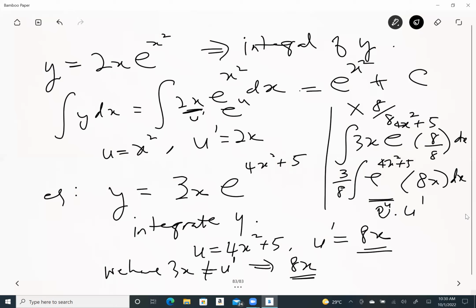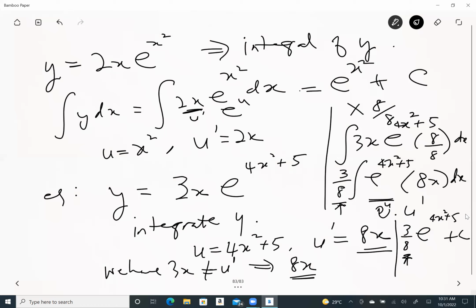So we can do the integral using the rule, and of course multiply that by 3/8. So the integral will be equal to 3/8 e^(4x squared plus 5) plus c. There is a 3/8 because you multiply by 8/8. The denominator, you have to make the adjustment, then you multiply by that constant 3/8.